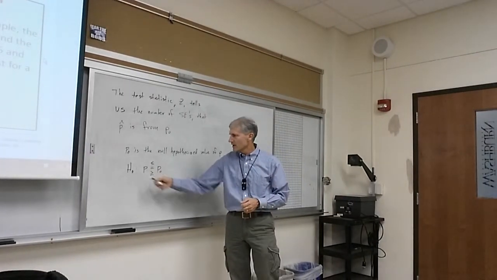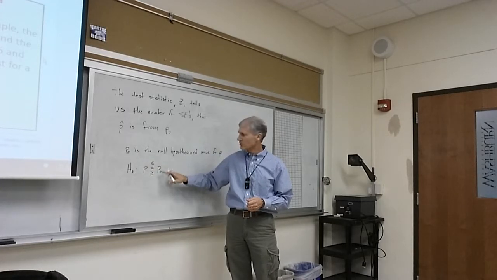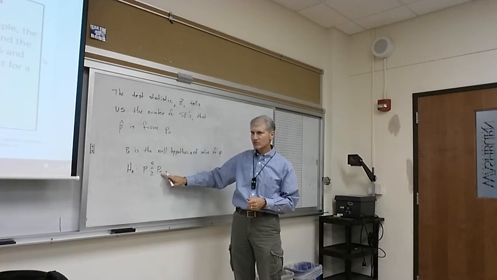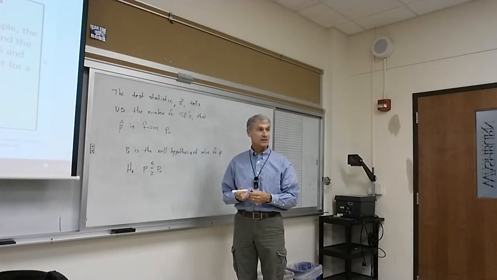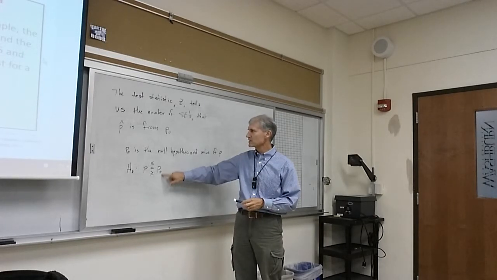So for all these problems, our null hypothesis will look just like this with one of those three symbols in there. So this P0 is just a number they're going to give us. Test to see if the true population proportion is less than 0.3 or something. They'll give us a P0.